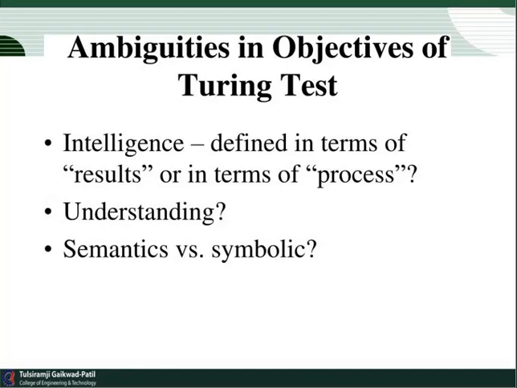Then what exactly can we say about the intelligence of the machine? Can we say it has passed the Turing test? Even though it has passed, that passing may depend on the semantics, or it may depend on the symbolic. So when a particular machine passes the Turing test, we cannot say whether it is working semantically or symbolically.